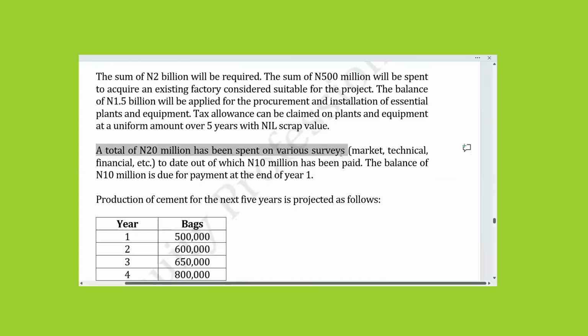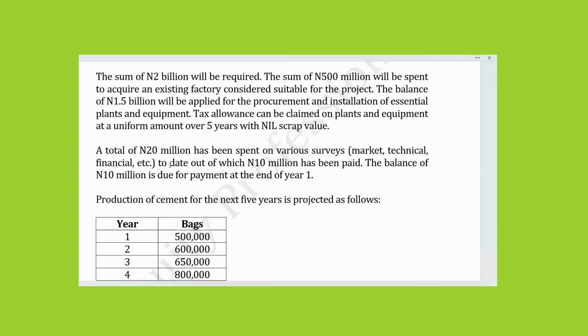Then next paragraph, a total of 20 million naira has been spent on various surveys, market, technical, and financial survey, to date, out of which 10 million naira has been paid. The balance of 10 million naira is due for payment at the end of year 1. Okay? Don't let the examiner confuse you. When I was explaining the concept of relevant cash flow, we talked about historical cost. We said historical cost is also known as sunk cost.